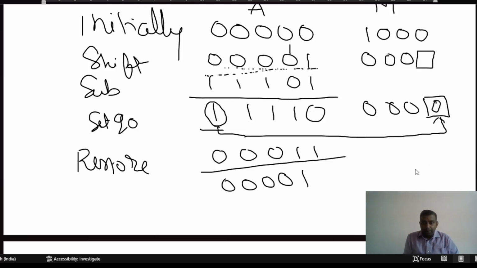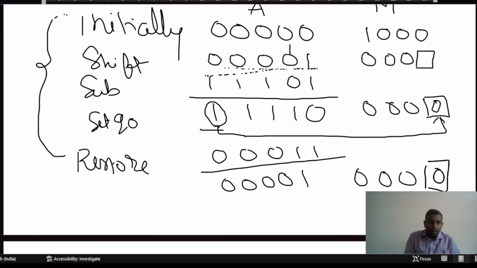So the result of this is the result of cycle 1. So what is the result? 0, 0, 0, 0, 1. 4 times 0, 1. This is the remainder portion.